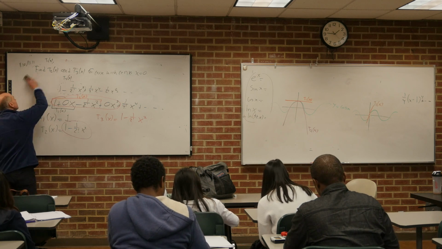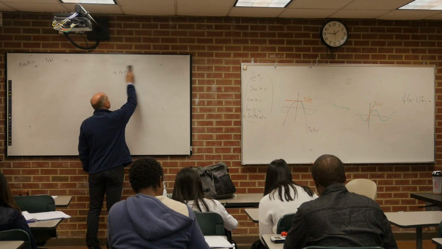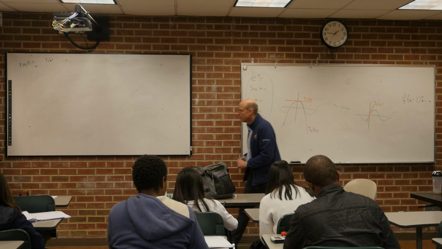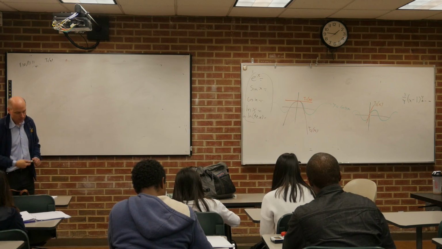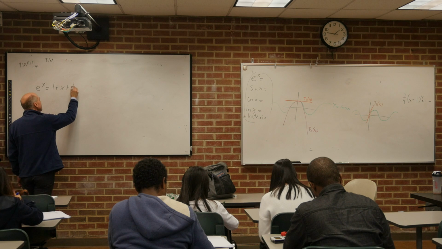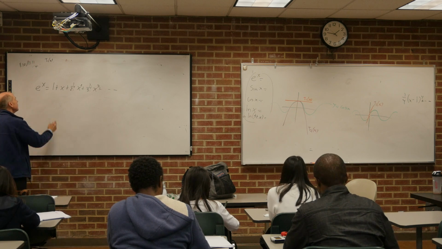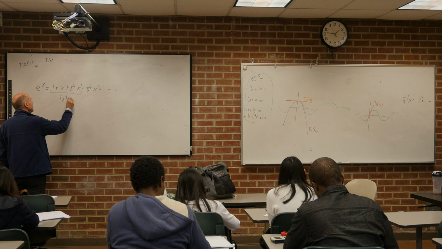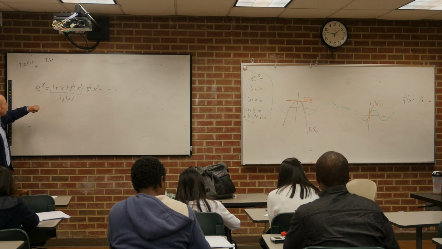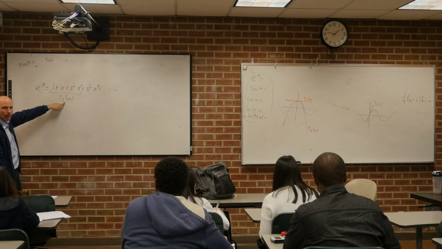Then, let's do one more term. So I've got my e to the x, and as my approximation, I'm going to peel off everything up to x squared.